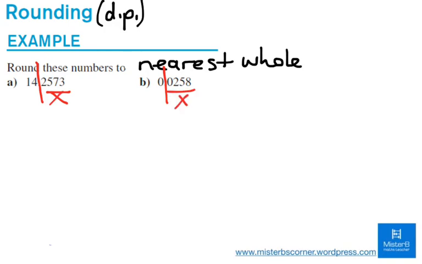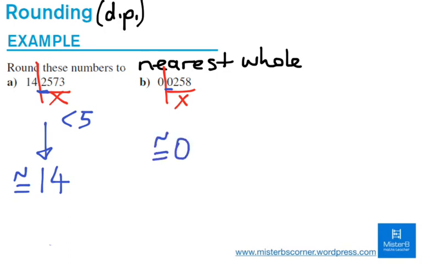Just because the number to the right of where I cut it is 2, which is less than 5, I'm going to consider the rounding as 14. So this number will be 14 approximately, and when I cut it from here, the number to the right is 0, so that's approximately 0, as a rounded number.